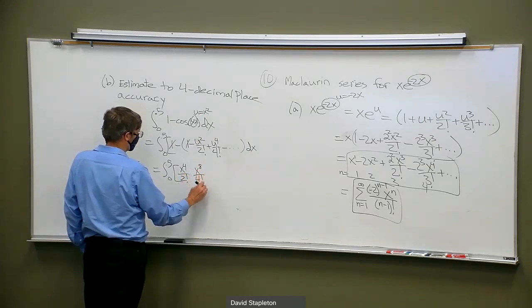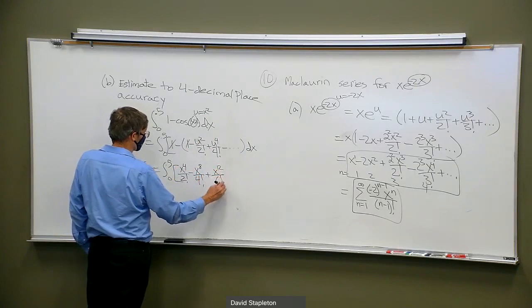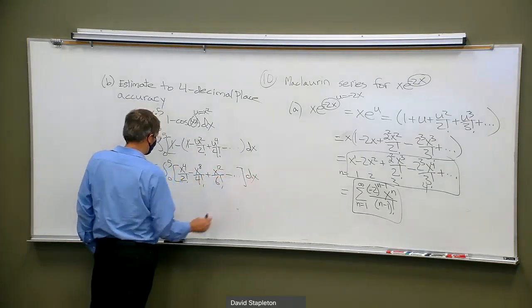Over 4 factorial. That was minus. Plus x to the 12th over 6 factorial, and so on. I just have to integrate that.